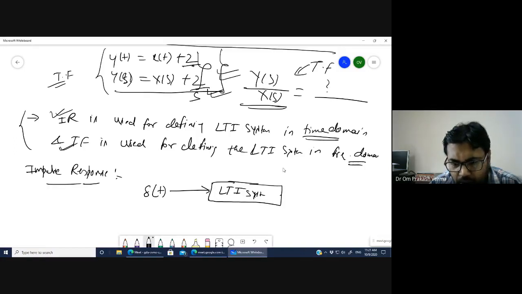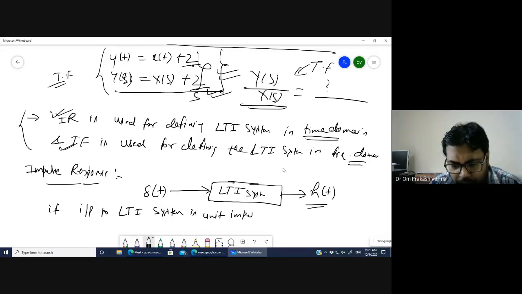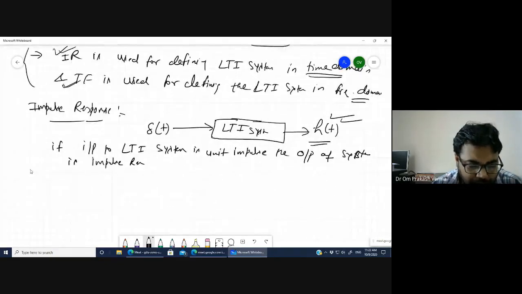When you provide delta(t) to the LTI system, it gives h(t), nothing else. So if the input to an LTI system is a unit impulse, then the output of the system is the impulse response. Whatever output comes when you provide the input as delta(t), that is called the impulse response, right?